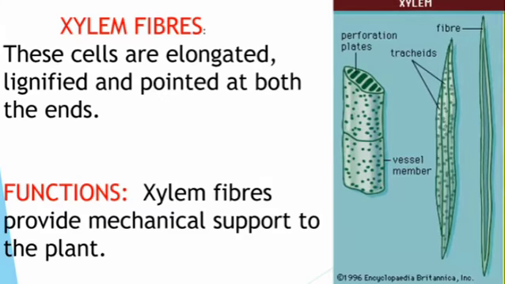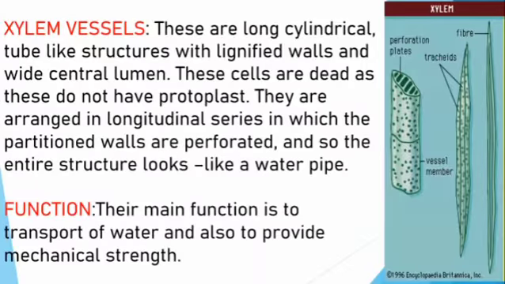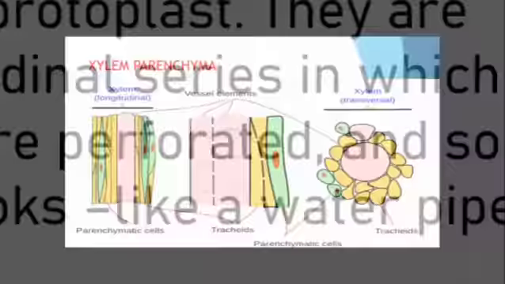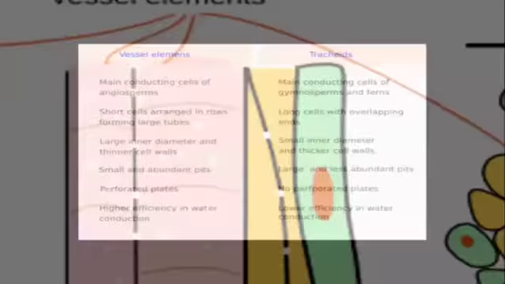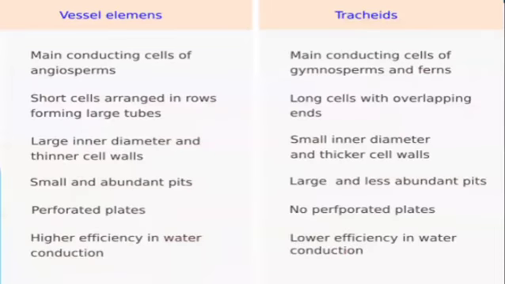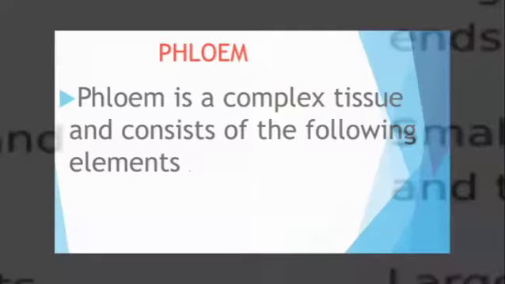Xylem vessels: the main function is transport of water and also providing mechanical strength. Xylem parenchyma helps to store starch. Then we have studied the difference between xylem vessels and xylem tracheids. Then we'll go on to the phloem.